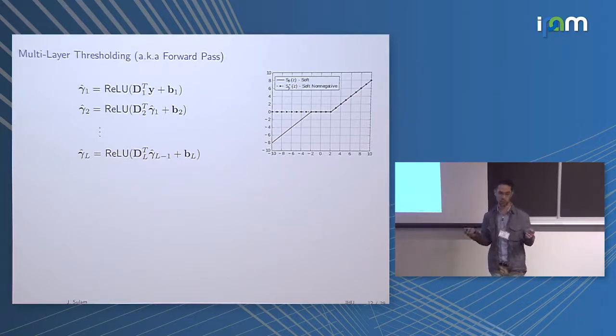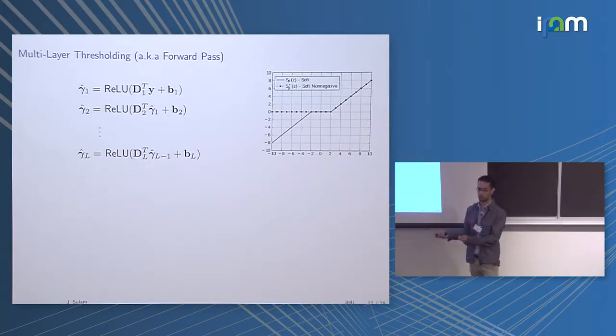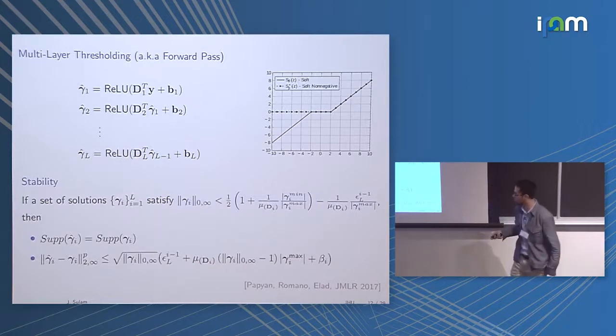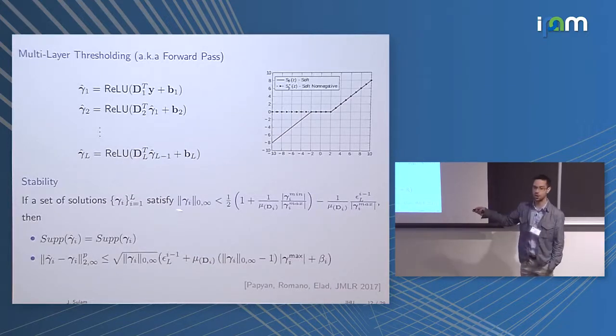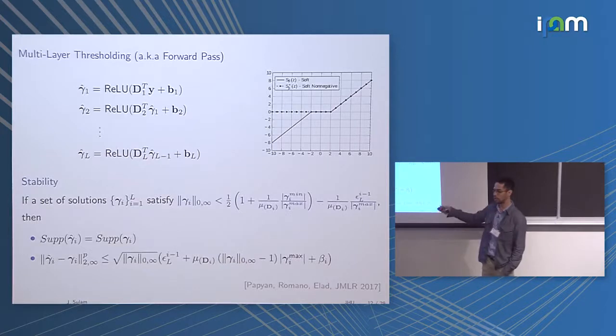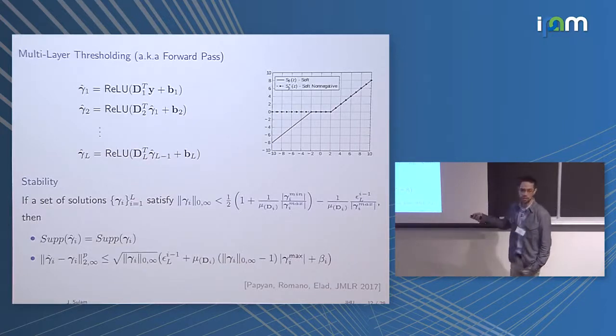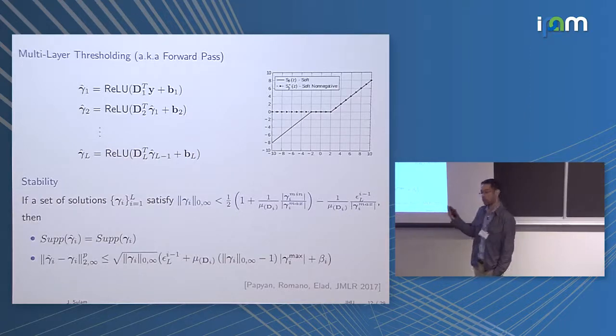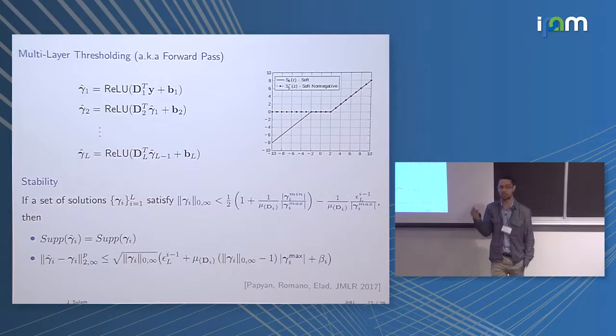But the nice thing about this is that then you can go and resort to the vast literature on sparse approximations and bring them to the realm of neural networks. And so this is one such result by that work by Yaniv and Vardan, where they show that if these representations are sparse enough, all these gammas at every layer sparse enough, and under some incoherence properties of these dictionaries, this mu of Di that you see here, then the forward pass will get you the correct supports of these representations gamma, which, by the way, these representations are nothing else than the activations in a neural network, okay?